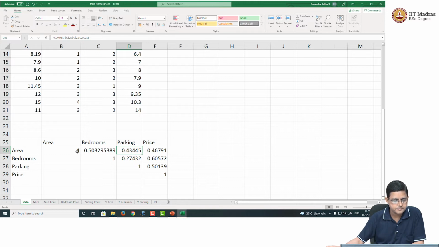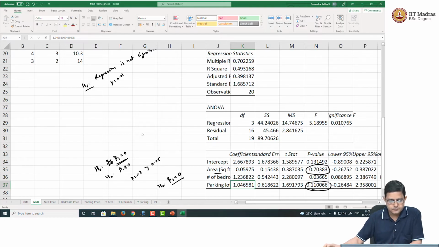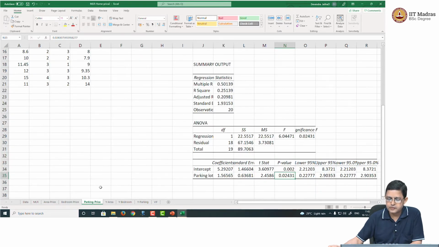As the apartment is larger, a more spacious apartment, those apartments also seem to be having more number of parking lots. So the explanatory variables are actually correlated, and that is what is making these partial slopes insignificant even when the marginal slope was larger.